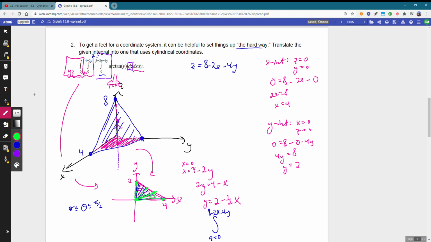And so where we're stopping r, it depends on theta. What we need to get a hold of is this line that we're stopping at. And what I mean by getting a hold of is get an equation. And we actually have one.